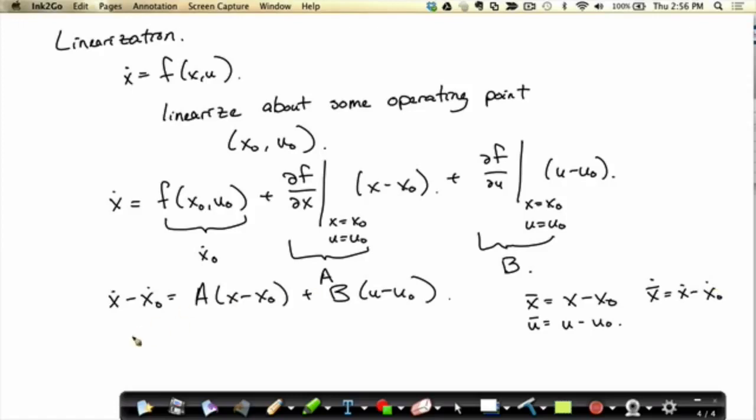Well, then I can write this same equation as x bar dot is A x bar plus B u bar, right? So my goal was to take my original nonlinear system and get it into a linear system form, and this is a state space form for a linear system, right? This is a state space nonlinear equation.